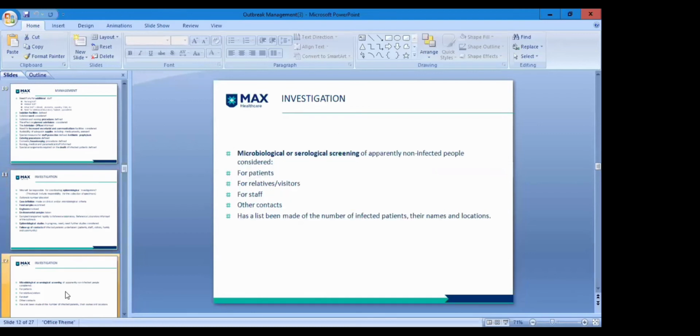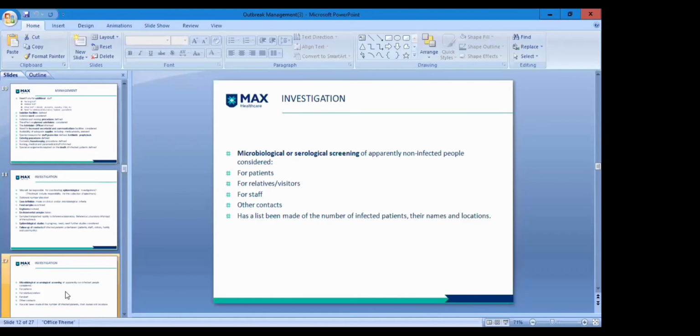Further, microbiological or serological screening of apparently non-infected people has to be considered for patients, relatives, visitors, staff, other contacts, and a list of the number of infected patients. For microbiological screening, in the initial days ICMR had one of the columns that a patient who had come in contact with a COVID positive person could also undergo microbiological screening.